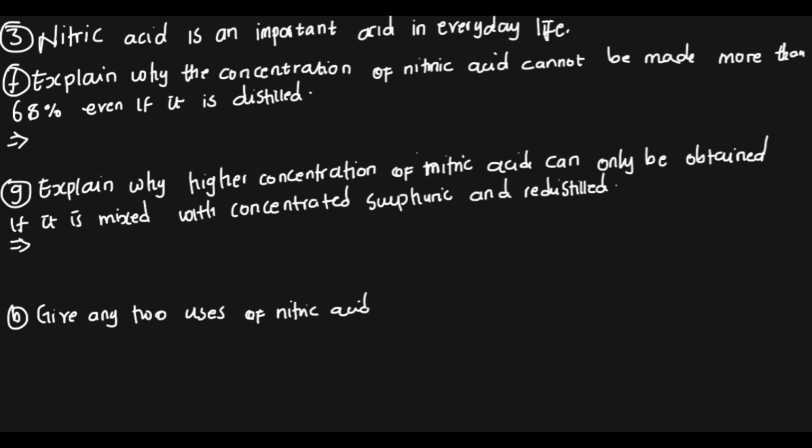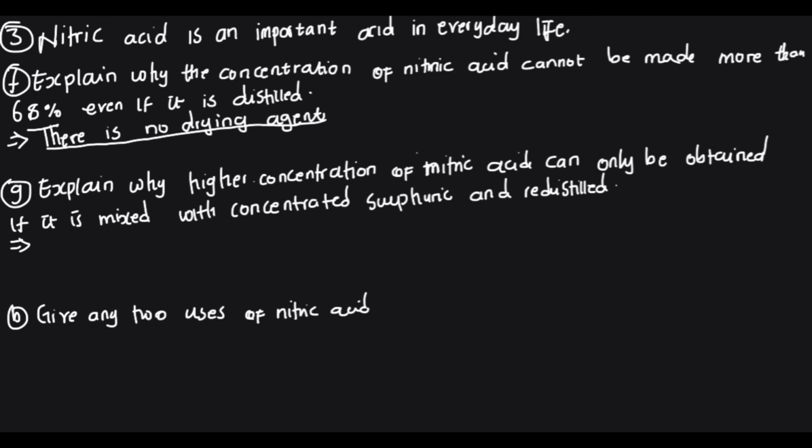Because there is no drying agent. There is no agent or substance that is getting rid of water. So even if we try to distill it, we are going to have water where the acid is.